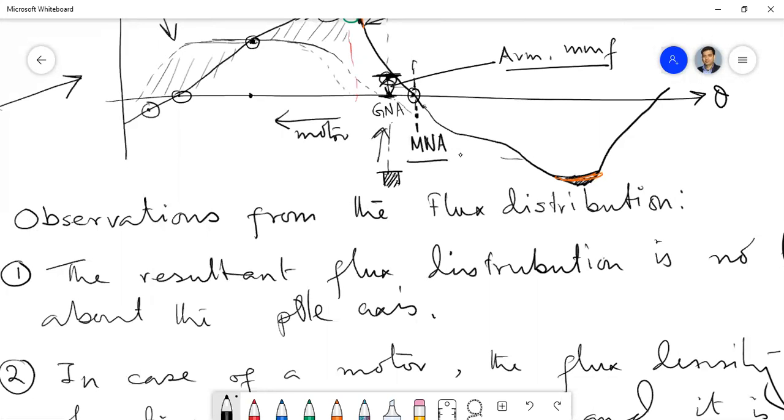But there, ideally the flux should be zero, because at no load condition you have seen the flux is ideally zero there. If the flux is ideally zero there, then no question of EMF. So EMF is also zero.